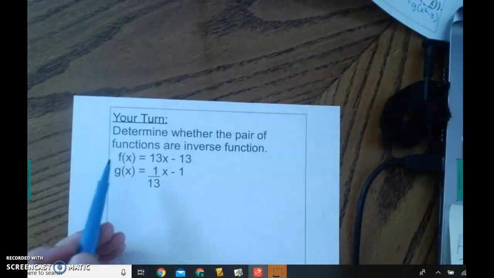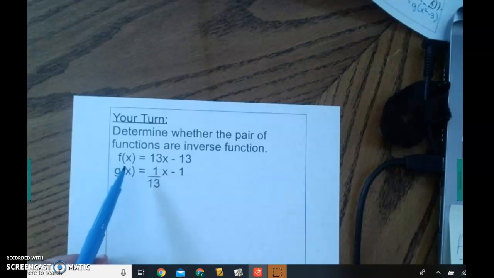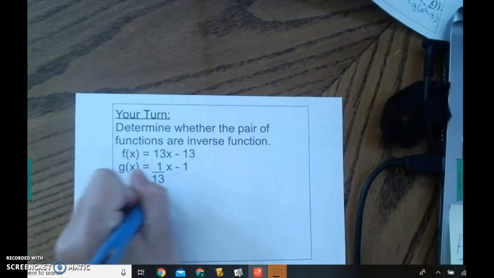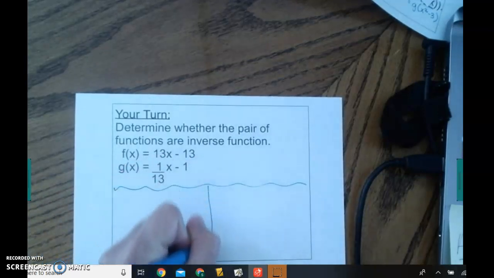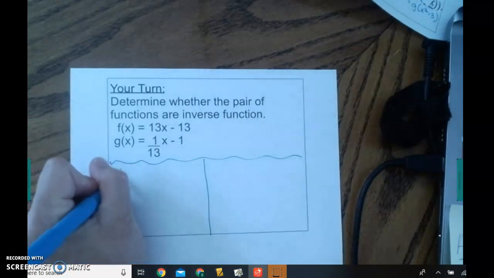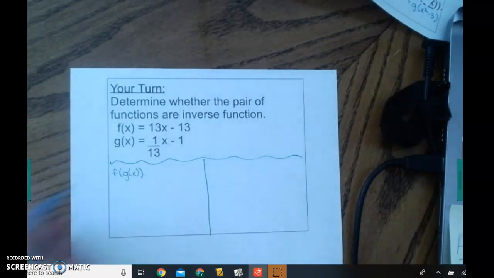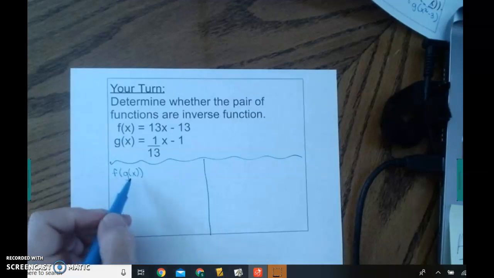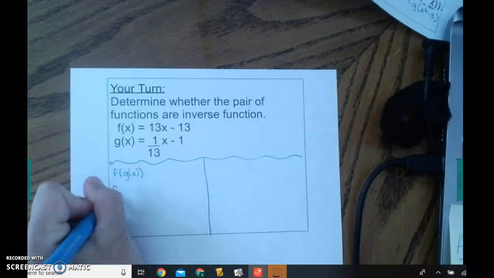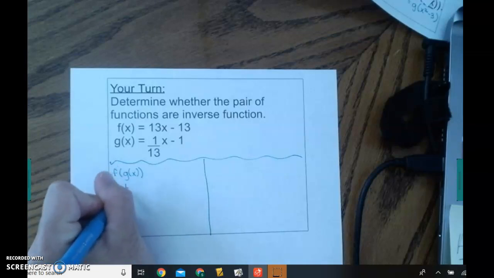So let's do one more of those together. The last example says determine whether the pair of functions are inverse functions. So I'm going to do our two tests again. We want to find f of g of x first. g of x is 1/13 x minus 1, so I'm going to replace that.